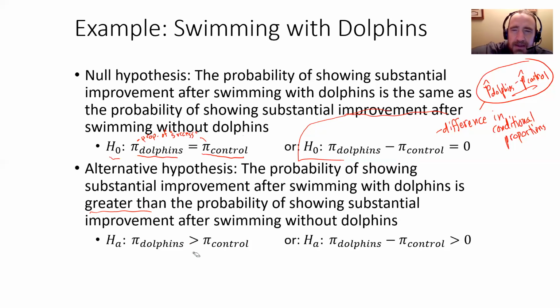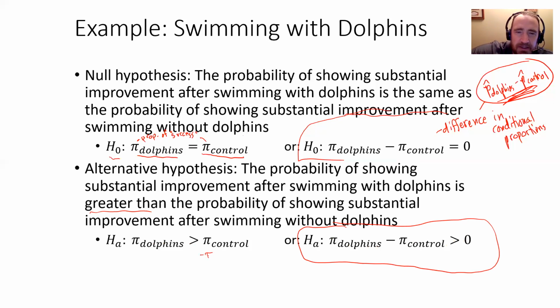Once again, I'm going to prefer this format, and for the same reason, it mirrors this statistic that we're interested in looking at. So pi dolphins minus pi control is greater than 0. Now, mathematically, how does that work? Well, you might remember back to your algebra days, if you just simply subtract pi control from both sides of the inequality, you'd end up with this.